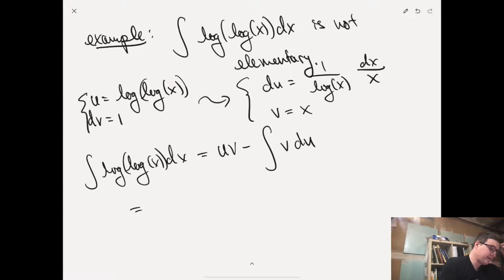Did I do this right? So v is x, and u is log log.